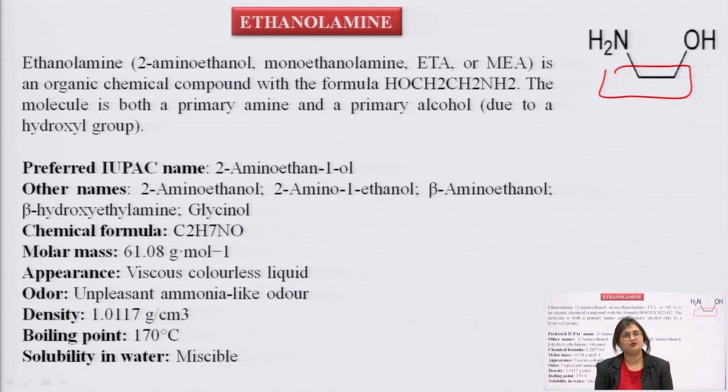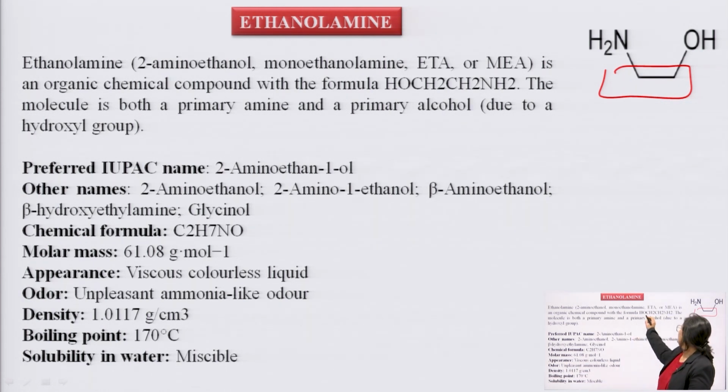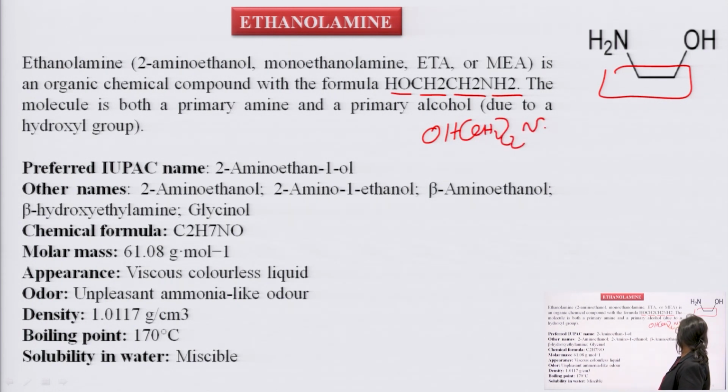Ethanolamine, also known as 2-amino-ethanol or monoethanolamine, is an organic chemical compound having a molecular formula OH CH2 CH2 NH2, or OH CH2 twice NH2. So, this is the general formula for ethanolamine.